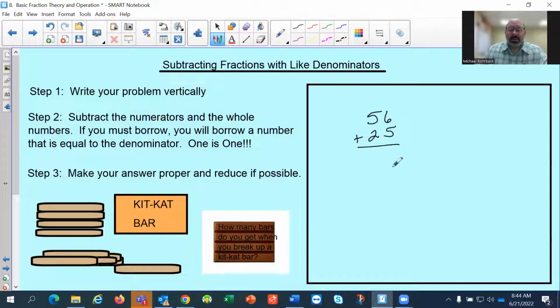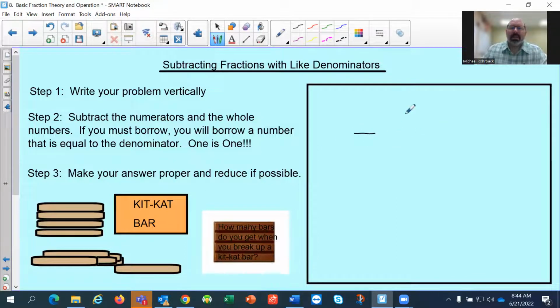There's no single digit we can put down here because 6 plus 5 is 11. So we would carry the 1 and we would put the 1 down. In our number system, when we get past 9, we have to go to another place value. But that doesn't happen in fractions. With fractions, everything is based off of the bottom number.